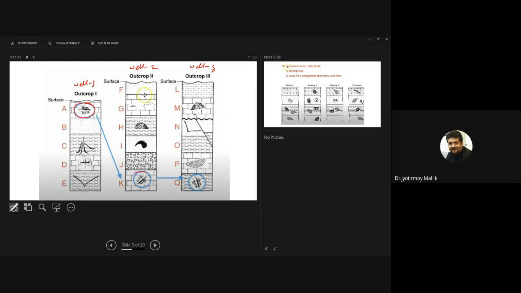The K horizon contains a trilobite, which is also a limestone, and the Q horizon, which is shale, contains a trilobite. So with respect to time, this is perhaps correlatable. Okay, A, K, and Q are perhaps correlatable simply because they contain this index fossil.